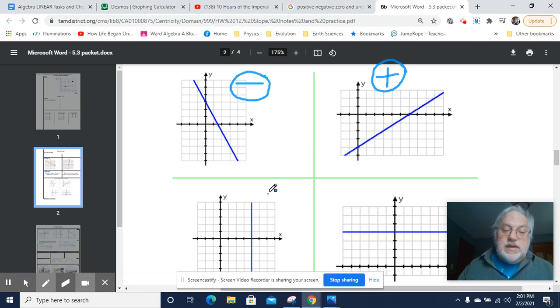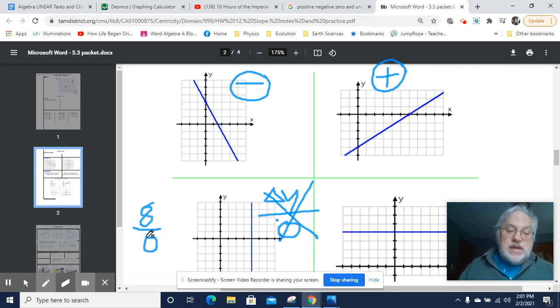And the reason for that is our change in y is something, but our change in x, the horizontal change, is just zero. So there's some change in y divided by zero, and you cannot divide by zero. Do not do it. Dividing by zero means if I have 8 divided by 0, I am saying that there is some number of zeros that would make an 8, and there's no number of zeros that would ever make an 8.